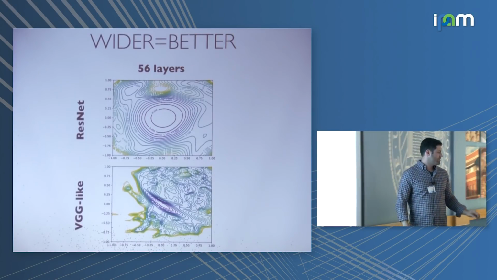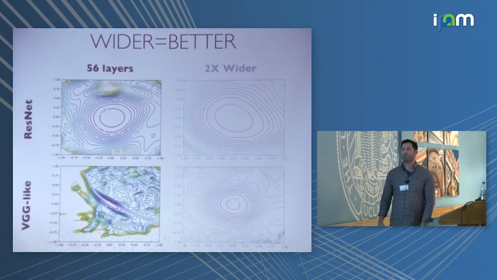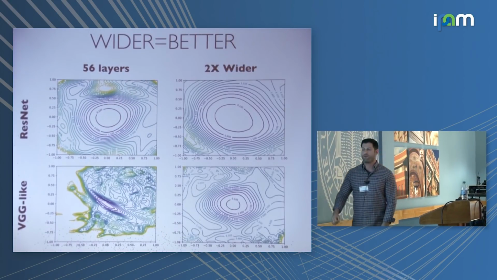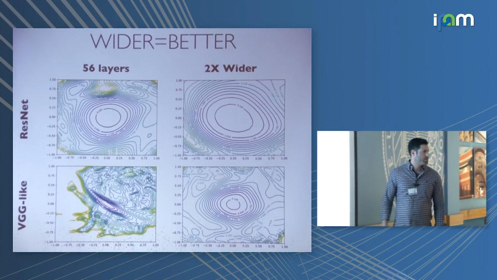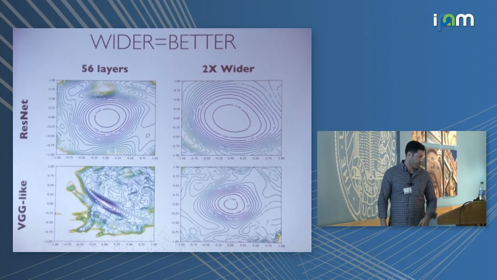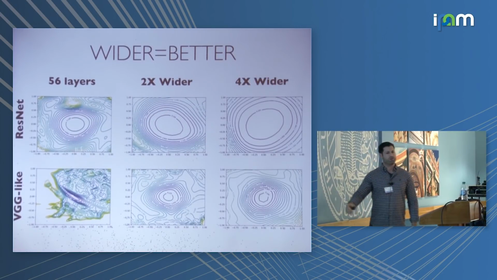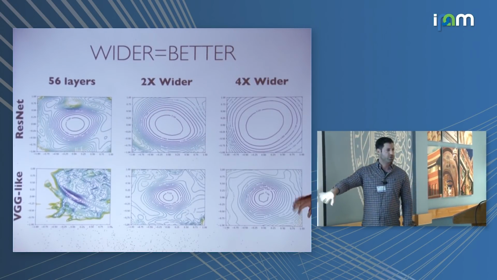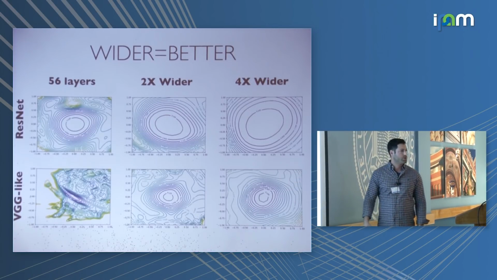You can relax this considerably by making it wider. If we double the width, you'll see that we go from a fairly chaotic landscape back to a fairly well-behaved landscape. And if we go to 4x wider, then we relax it even more. And beyond this, the structure of the loss function actually doesn't change much. In our paper, we go to 8, and it looks very similar to this.